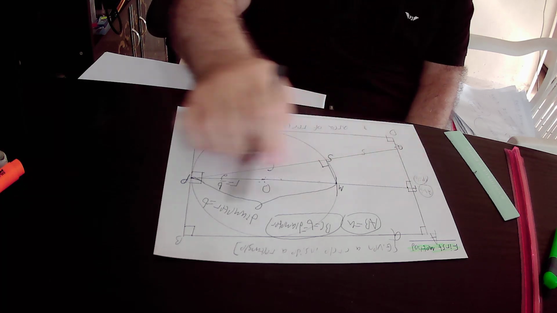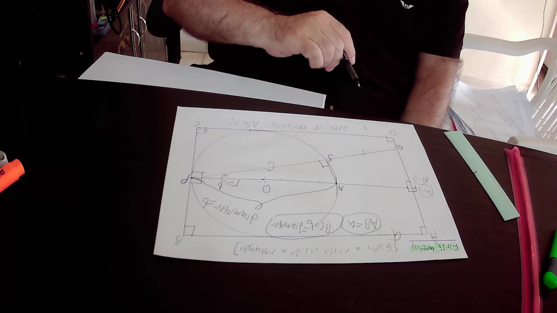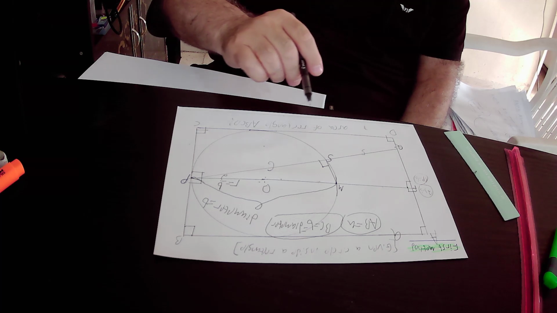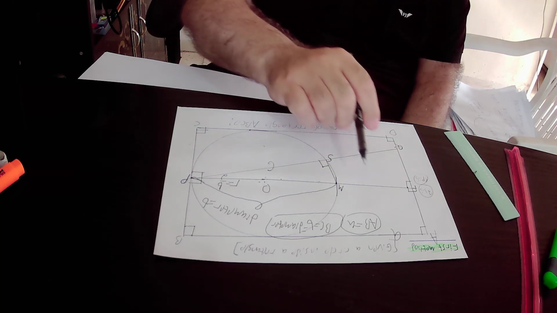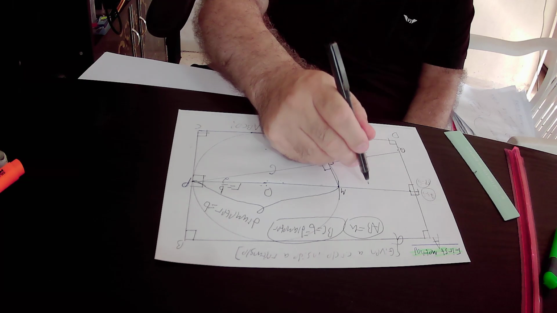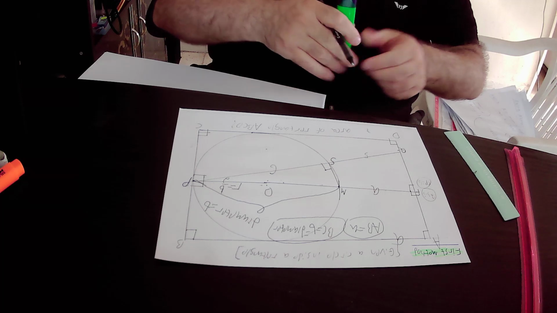That is to say, side AB equals side FP from one side, but from the other side AB equals A, therefore FP must also be equal to A. FP equals A.